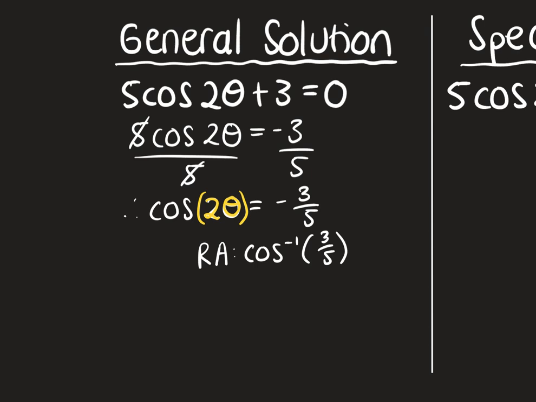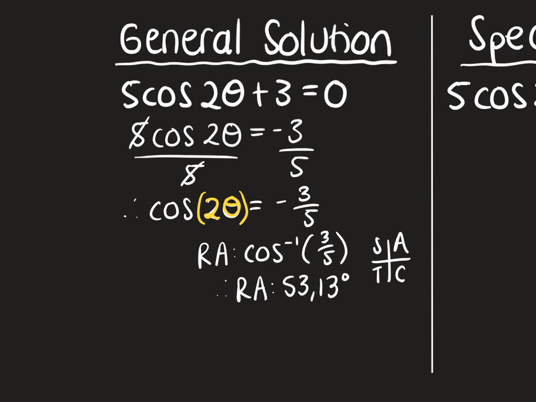So it'll always be shift cos of the positive version of the fraction. And then therefore my reference angle for this is going to be, let's do it, shift cos on your calculator of 3 over 5, and that gives you 53,13 degrees.